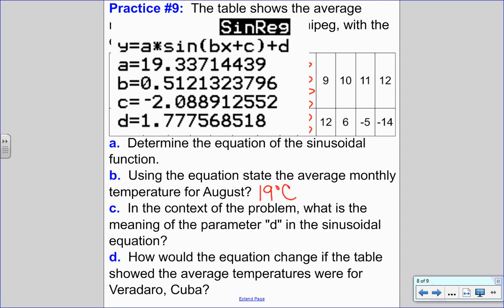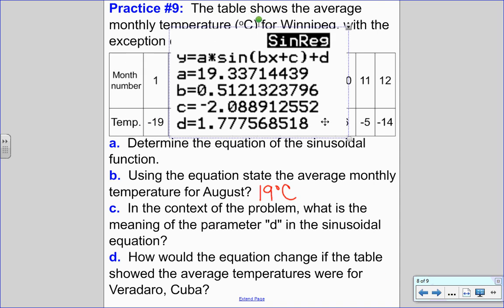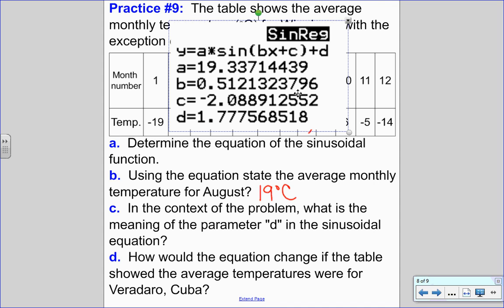Okay, so looking at my regression, covering up my table of values, but we don't really need that anymore. Let's write out our equation. So our equation is going to be y equals 19.3 sine of bx plus c, or in this case minus c, plus 1.8.